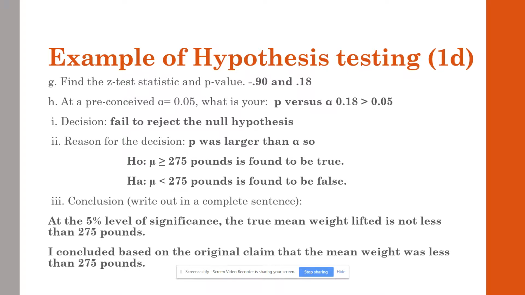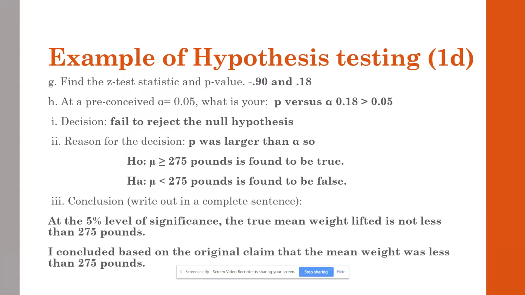Well, you're probably thinking, you found your null to be true, so why didn't you conclude on your null? I'm going to conclude on the question I originally asked. And remember, the football players thought the mean weight was less than 275. Well, I didn't find that. I found that it wasn't less than 275, so I just need to conclude that way. And that's how you see that.